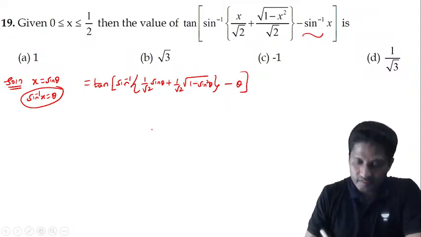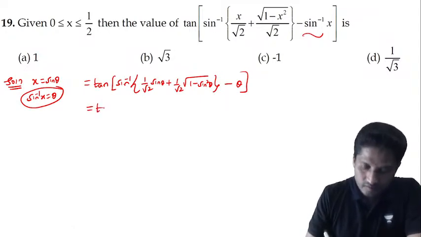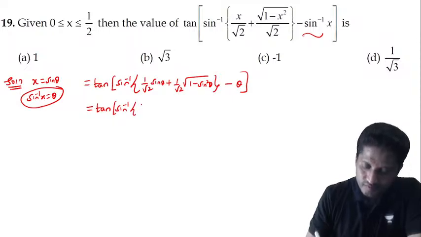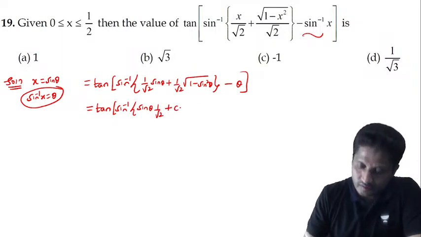Now let us simplify this. It is tan of sin inverse of sin theta into 1 by root 2 plus root of 1 minus sin square, that is cos theta, into 1 by root 2, and then minus theta.